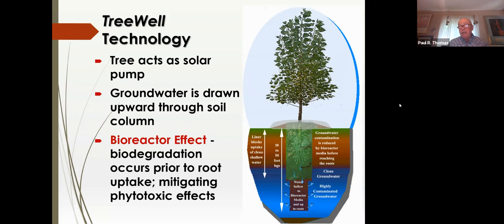Our goal being that the tree doesn't have to root down to, say, the water table's at 30 feet. We don't want the tree to have to root down to 30 feet. We want to have enough capillary rise so that the tree can get that water out and only have to root down, say, 15 to 20 feet. By adding increased organic matter to the backfill soil, we create a bioreactor effect that has the capacity to treat a large number of organic chemicals.